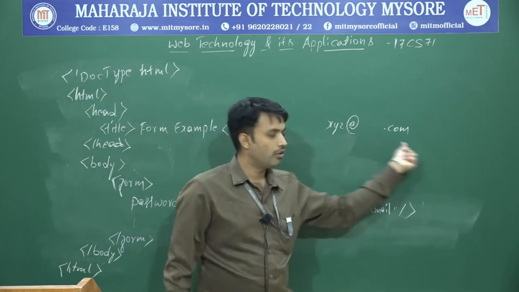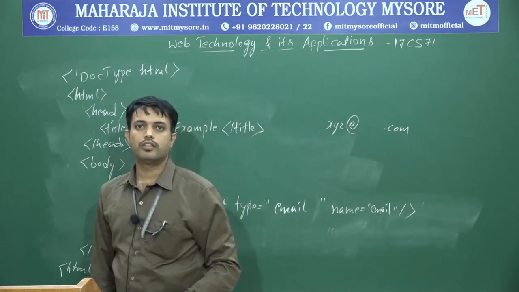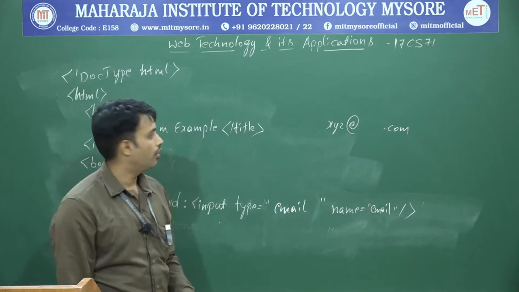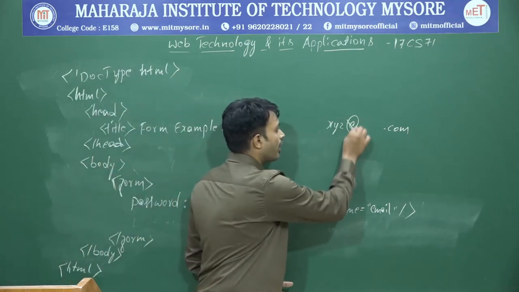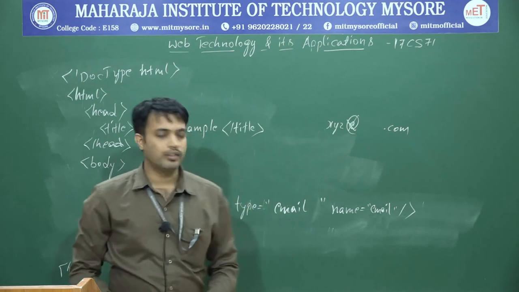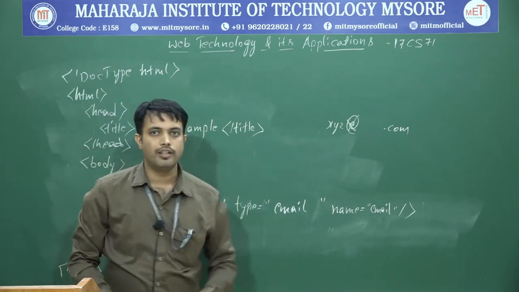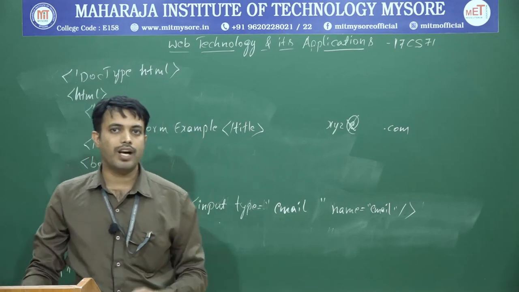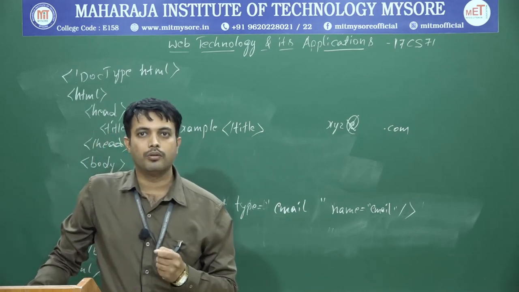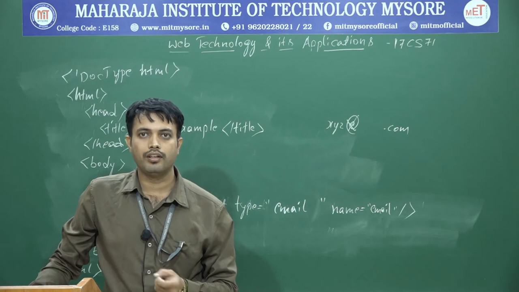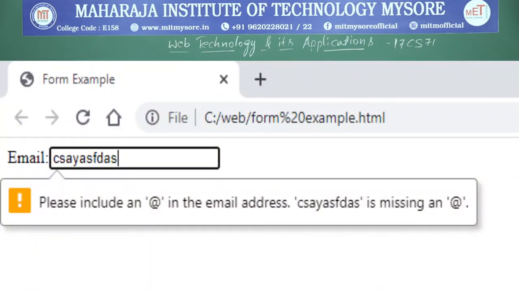So it has a standard format. If the user does not type this at the rate, then this input tag, type equal to email, will itself validate for the proper mail address. Okay, fine.